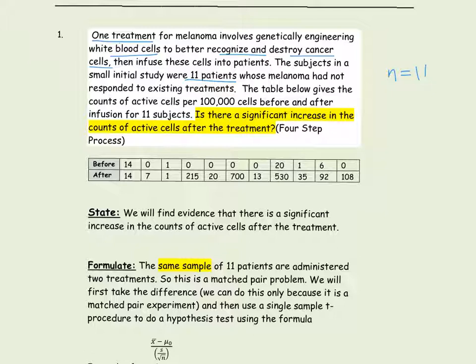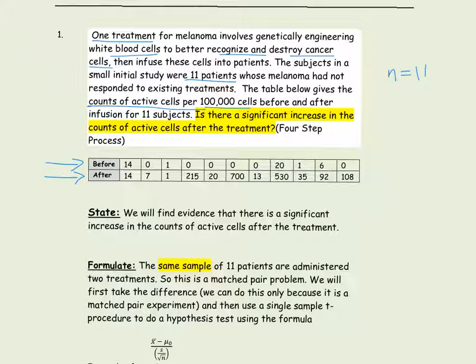The measure here is given in the tables, and it's the counts of active cells per 100,000 cells before and after infusion for 11 subjects. So this first row gives us the before count of active blood cells per 100,000, and the second row gives us the active cells per 100,000 after.